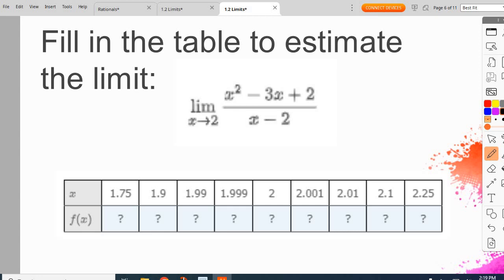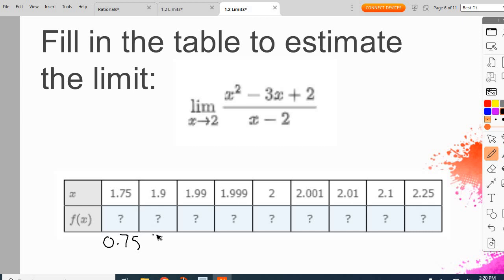We are able to get our function put in. How do we put in the fraction? Alpha, which is the green button, y equals. And then either click enter or number 1. So at 1.75, we should get 0.75.